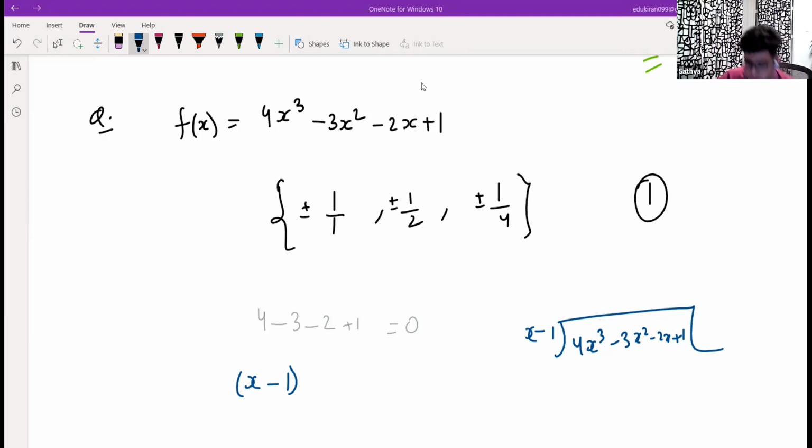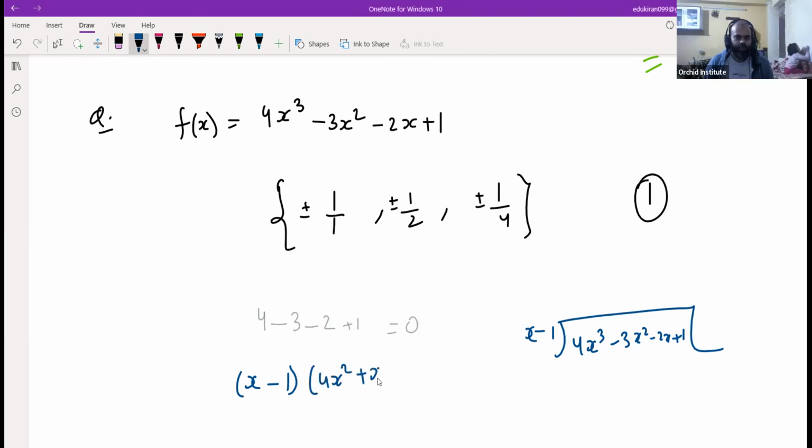I'm getting 4x square plus x plus 1. So on multiplying, you get 4x cube minus 3x square. I think you're getting something wrong there, because it should be minus 1 here.